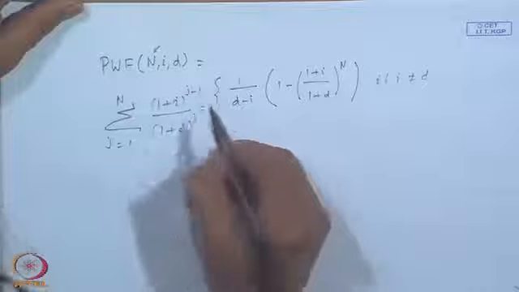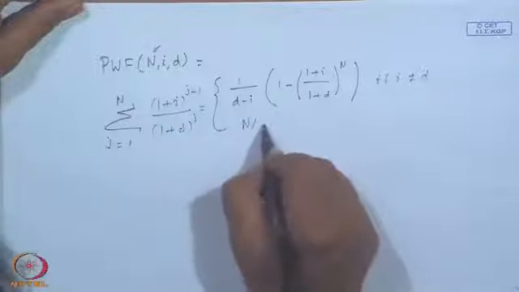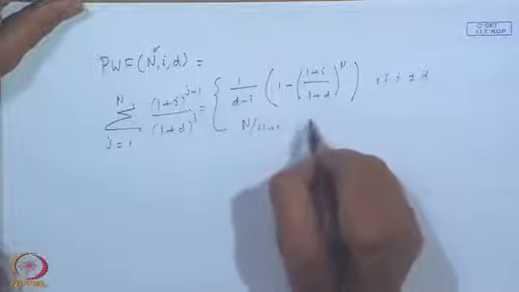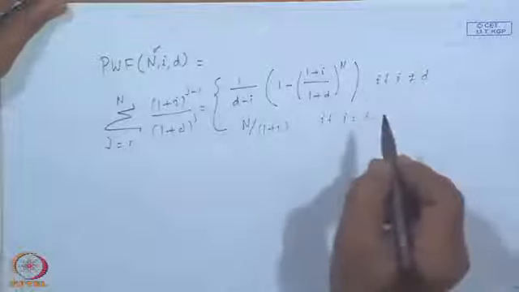So, this should be equal to simply n by 1 plus I if I is equal to d, right.